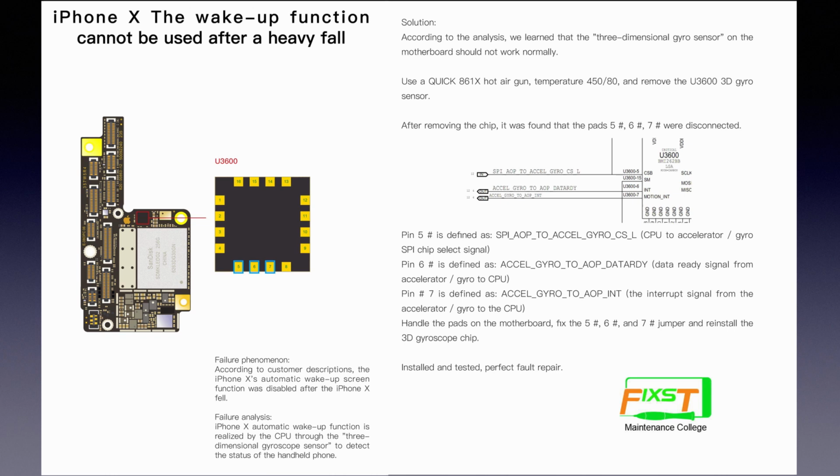So now we found out where the problem is, and then we handle the pads on the motherboard and make a jumper on these 3 pins and then install the IC back. After that, we install and test the phone. This problem is finished.